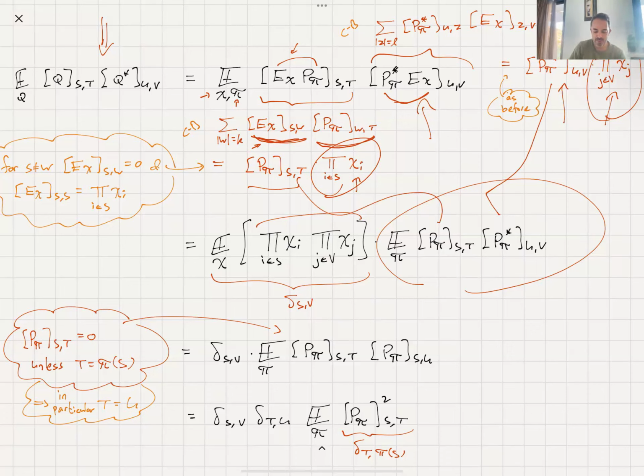So let's look at each individually. This thing, you take a product of plus minuses, and unless S equals V, things are going to vanish. Because if S is not equal to V, then there's going to be some i, either in S or V, that doesn't appear in the other.